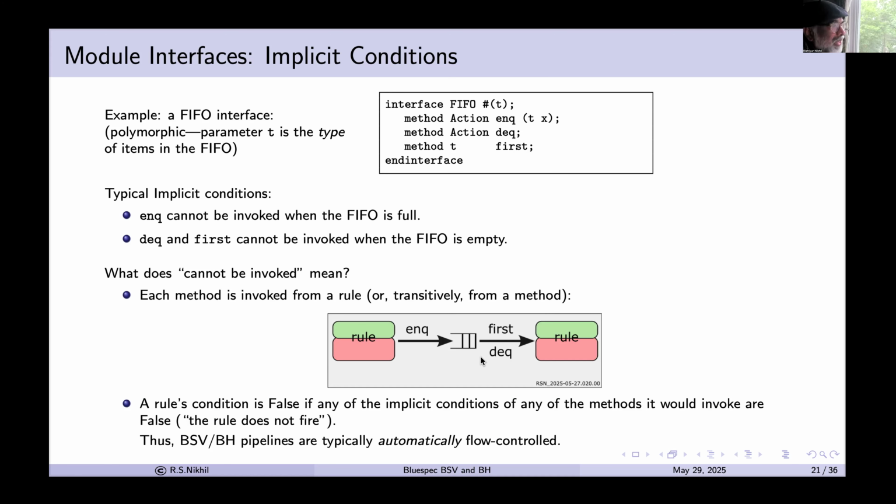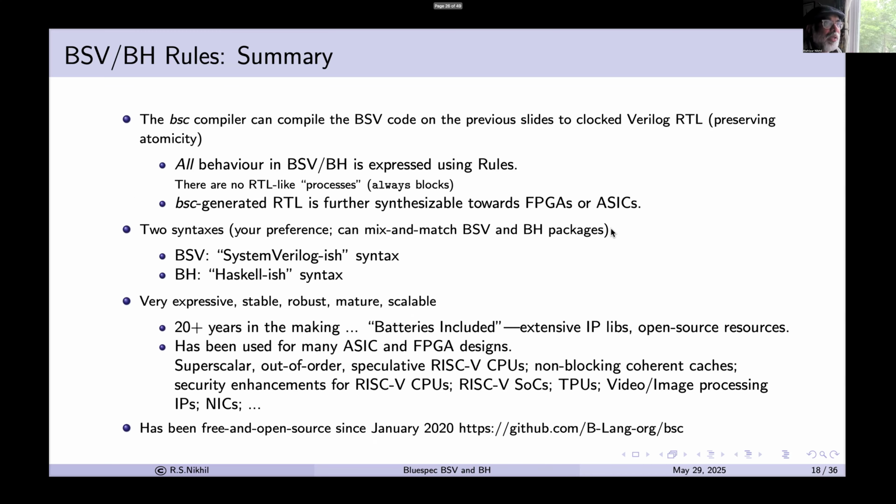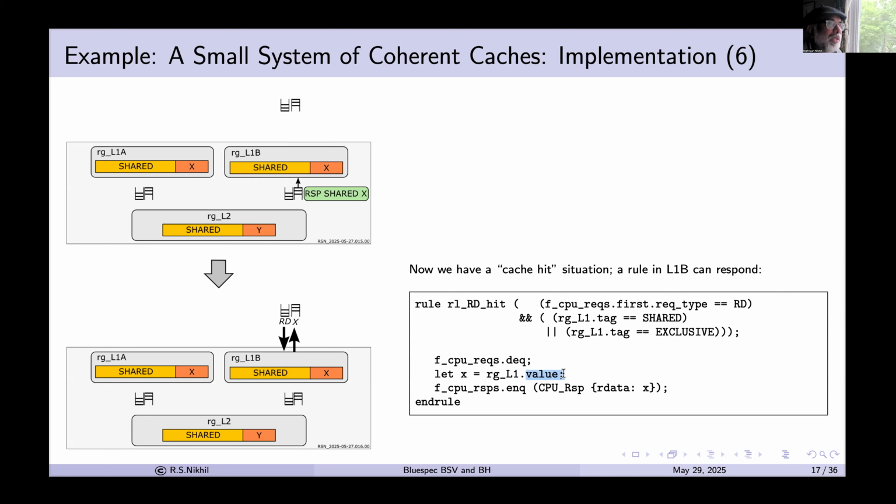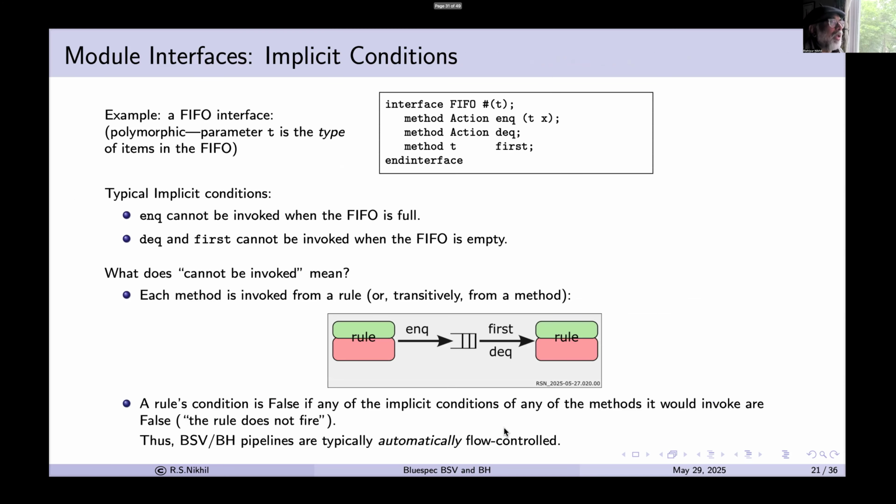Specifically, technically, it means the following: ultimately every method is called from some rule. You've seen that example here. Here's a method call, here's a method call, here's a method call. Methods may be called in conditions, they may be called in the bodies of rules itself. So ultimately, a method is called from some rule, or transitively from another method. You can have a rule in one module that calls a method in another module, and that method may in turn call a method in a third module, and so on.